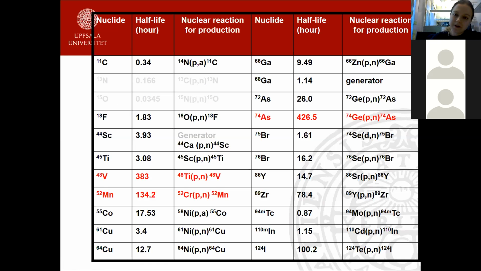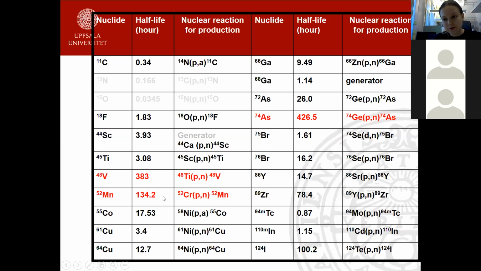Then we have a second group of nuclides, which are highlighted in red here: vanadium, manganese, and, I forgot the English name of this element. Basically, the ones that you see in red are nuclides which have isotopes which have extremely long half-life.